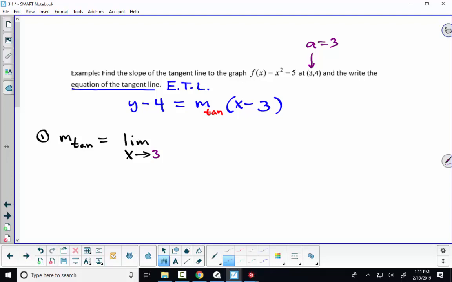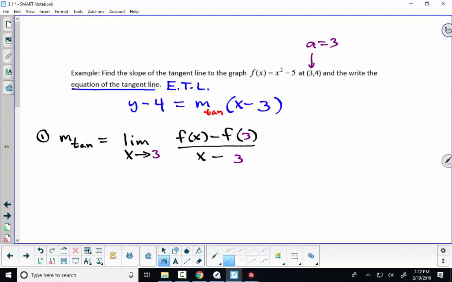So the limit as x approaches 3 on the slope of the line, or f of x minus f of a all over x minus a. So the two things here, the f of x and f of 3, we're given those two things.